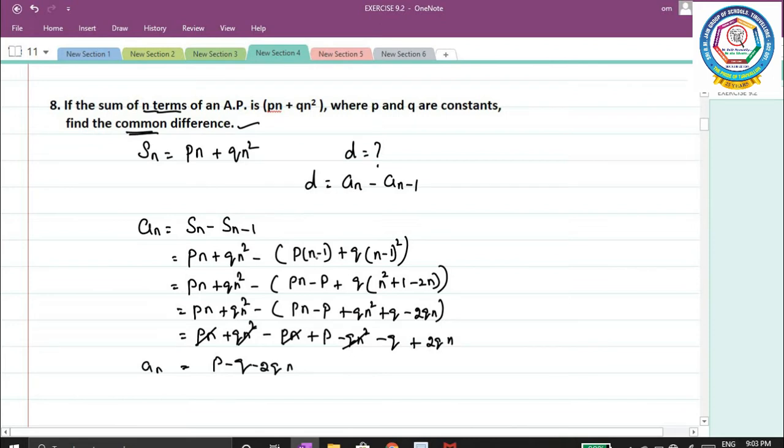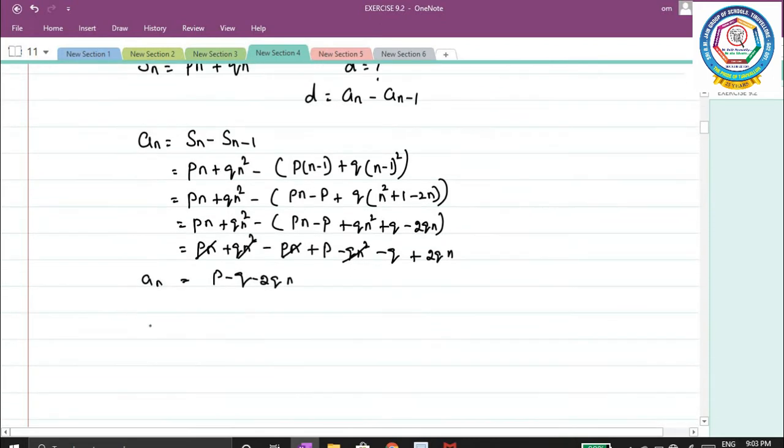But we have to find the common difference. How can you find the common difference? d is equal to a_n minus a_(n minus 1). a_n we got, P minus Q plus 2Qn. This is a_n. Minus of, instead of n, we have to put n minus 1.